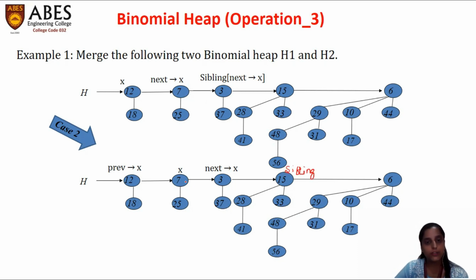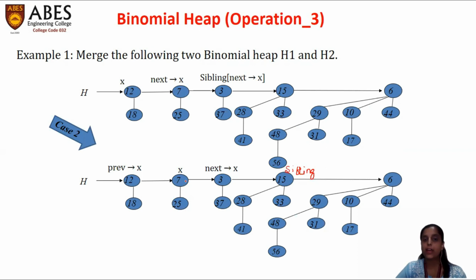Now again we check: degree of x is equal to degree of next x but not equal to sibling of next x. We know that at that time we have to apply either case number 3 or case number 4, but for that we have to check the key values of x and next x also.